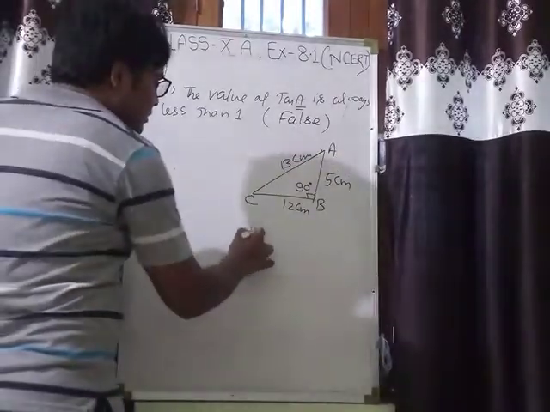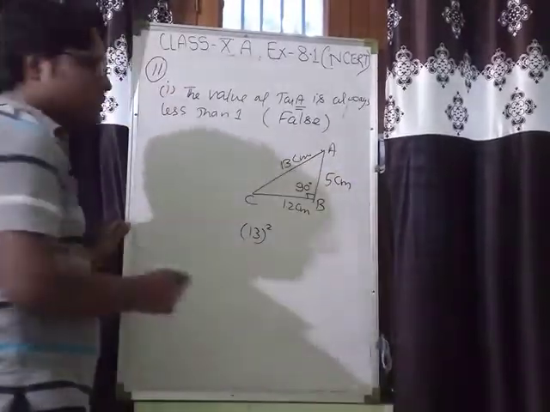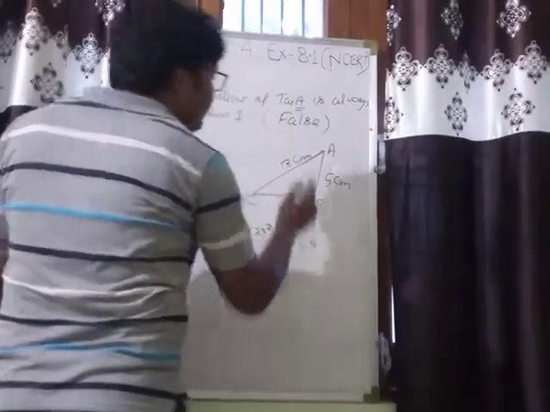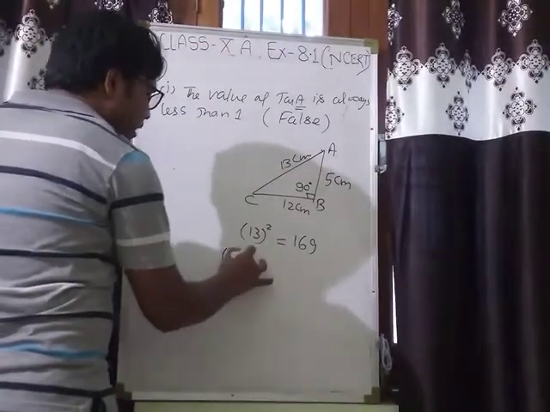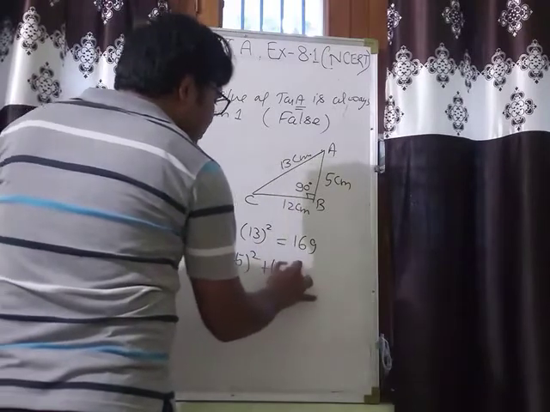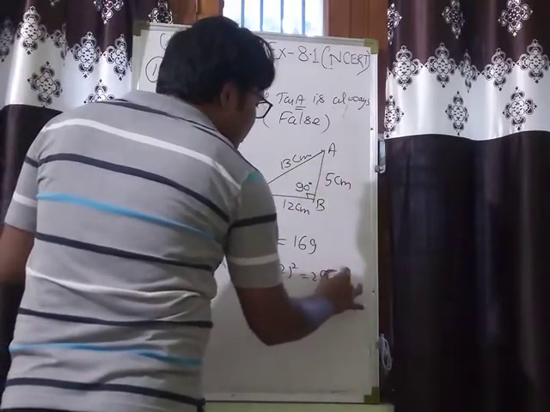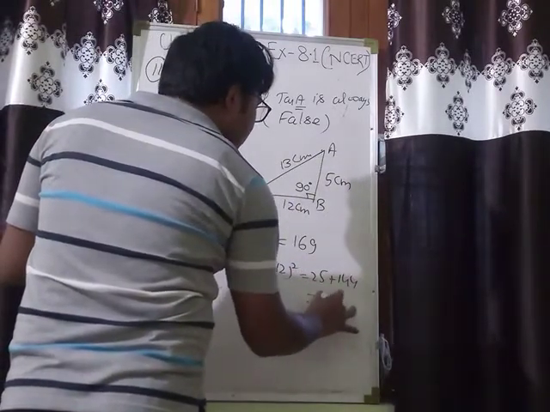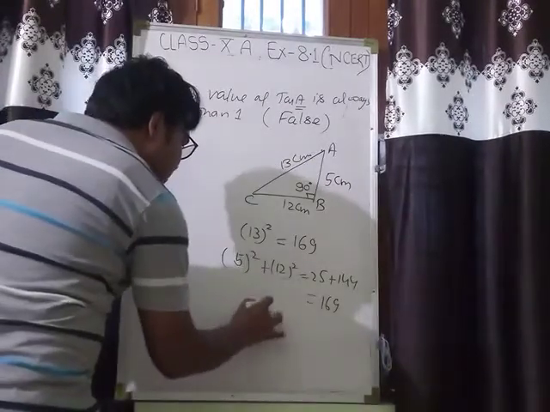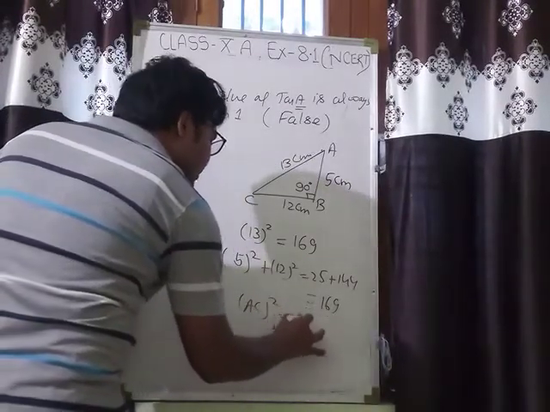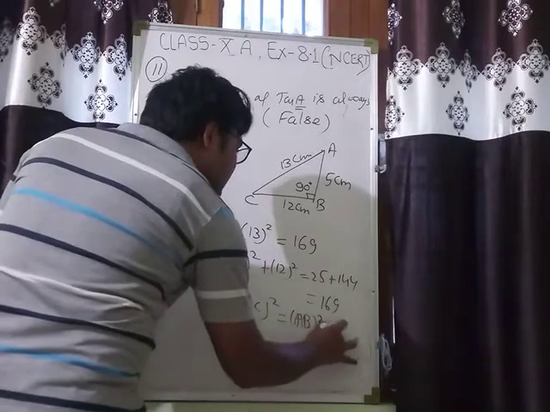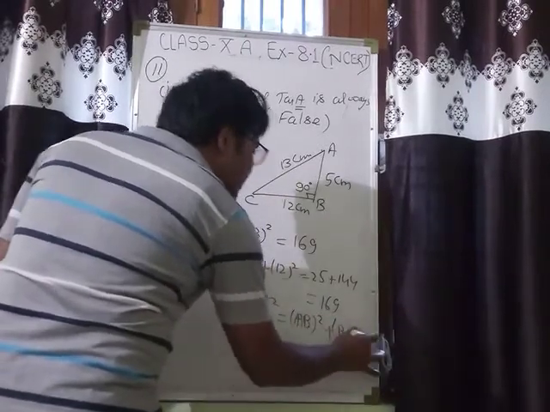Longest side length 13, so its square is 169. Other two sides, 5 square plus 12 square, that is 25 plus 144, that is 169. Clearly AC square is equal to AB square plus BC square. Listen to me carefully.